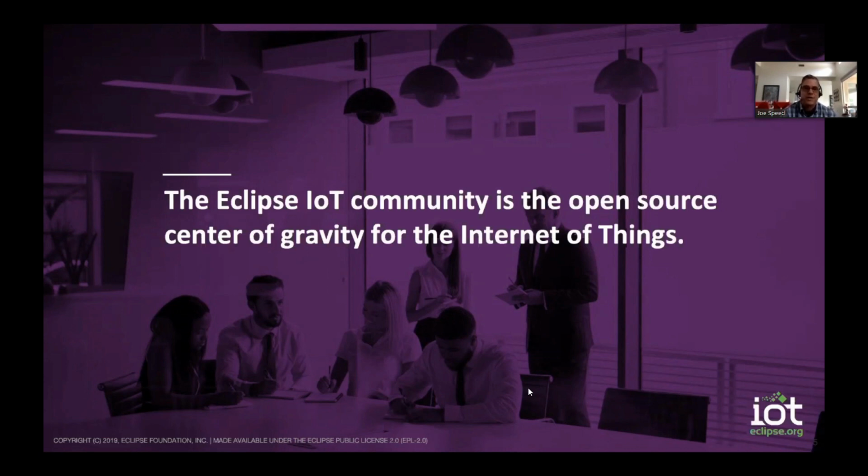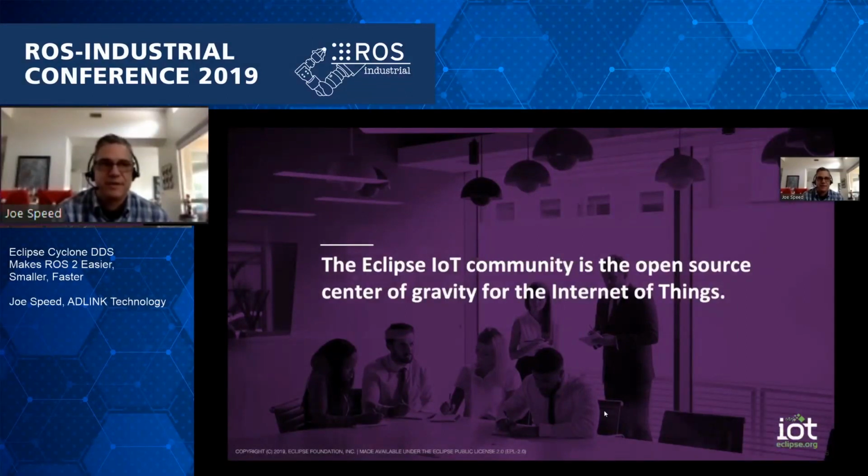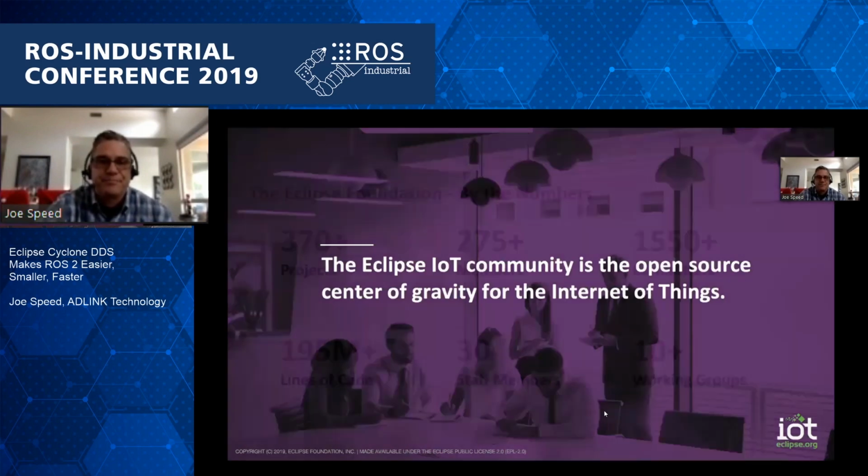That is one of the big areas of focus for the Eclipse community. So you have this group that's really focused on IoT, connectivity, middleware, and security, doing work that is, we think, directly applicable to what, because we are also members of ROS-Industrial, is being done in robotics.